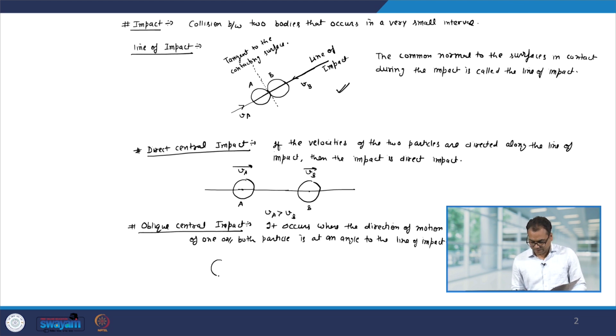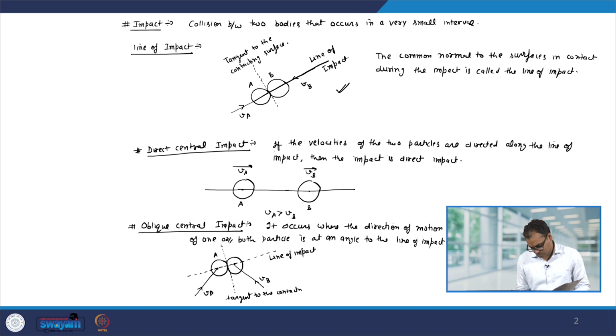For example, let us say I have a particle A which is moving with velocity V A like that and I have a particle B which is moving with velocity V B like this, then the common tangent will be this and the line of impact will be that. So, this is your line of impact and this one is the tangent to the contacting surface. Okay. So, you can see here that the direction of motion of the particles are at angle to the line of impact, therefore, this is oblique central impact.